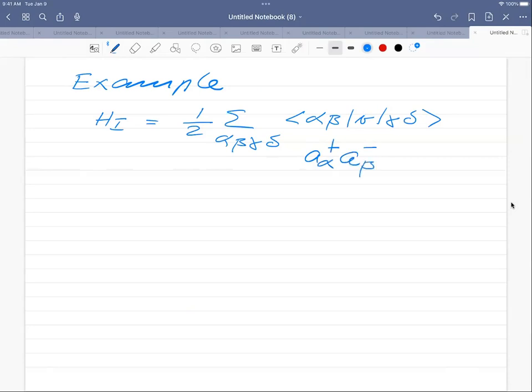So we have an A alpha, but then a destruction or annihilation operator for delta before gamma. This follows from the fact that we're dealing with fermions, and we will show next week how that comes through. But now we are just going to state it as it stands.